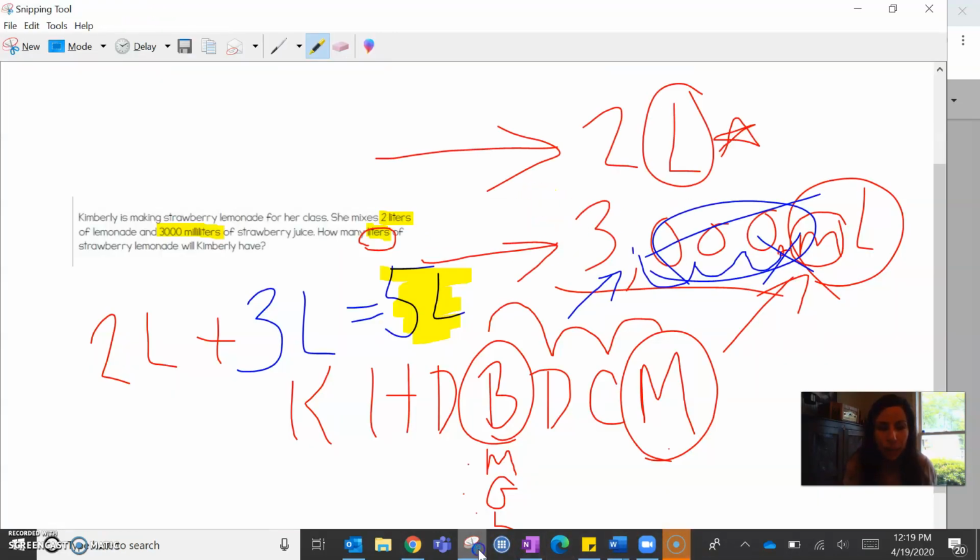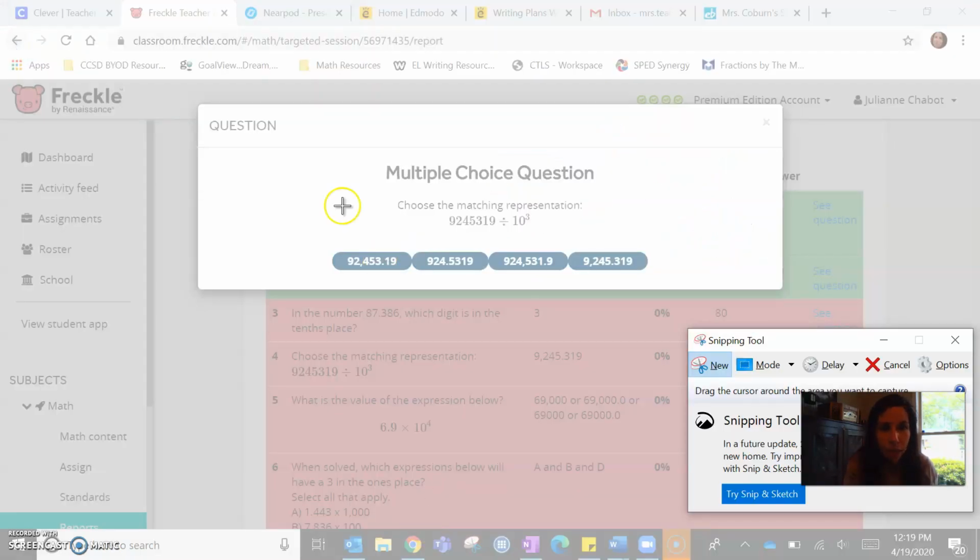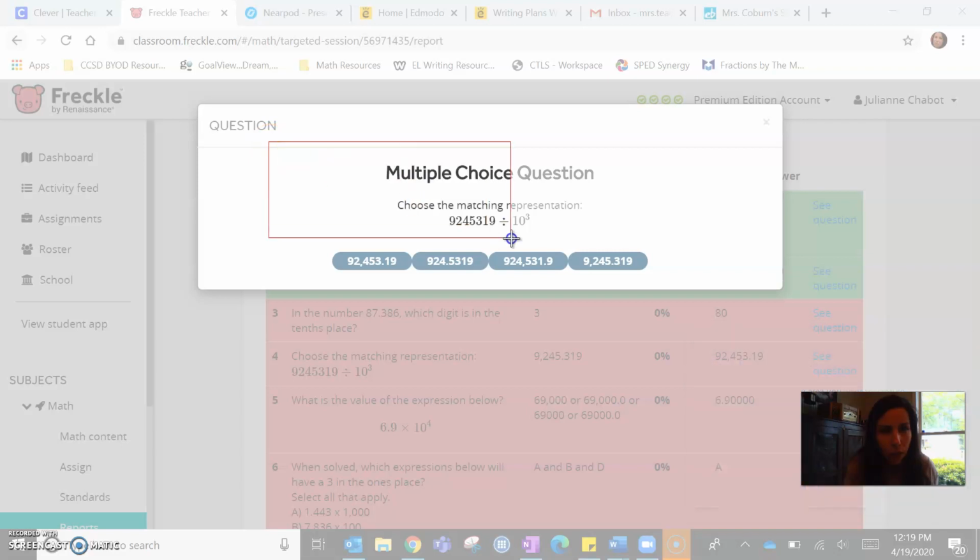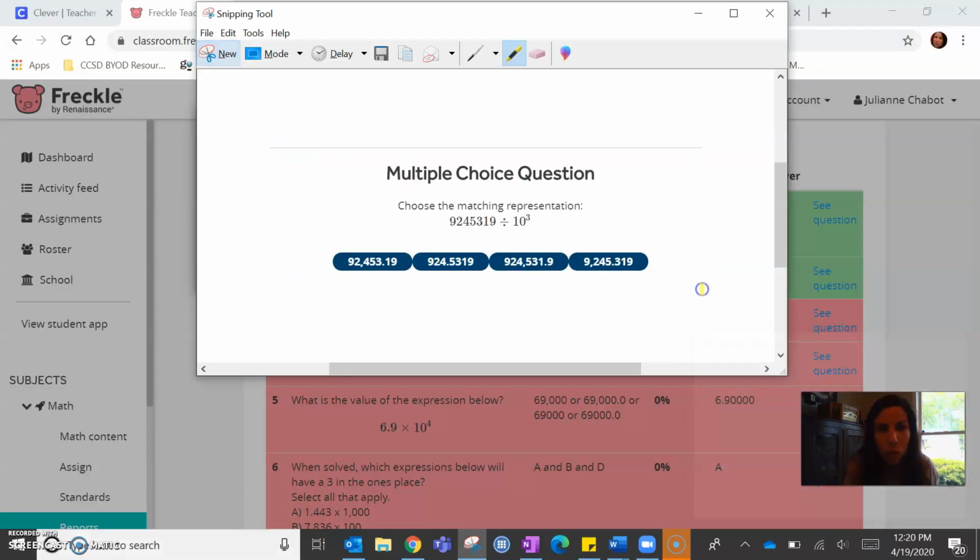Let me copy and paste this into a snip so that we can really look closer at it. Okay, so what we're really doing is just adjusting where the decimal is based on what power of 10 we're dividing by. Okay, I know that sounds confusing. I'm going to show you how to do it.